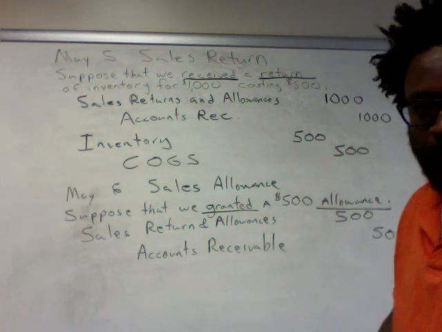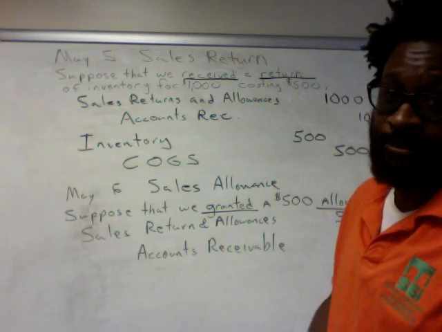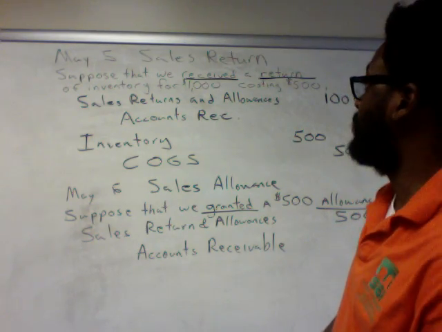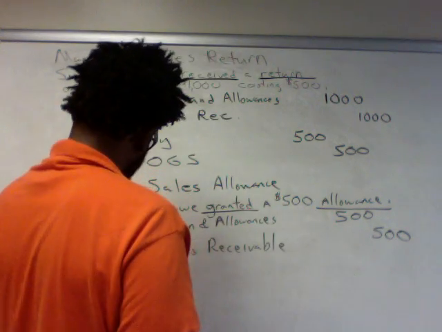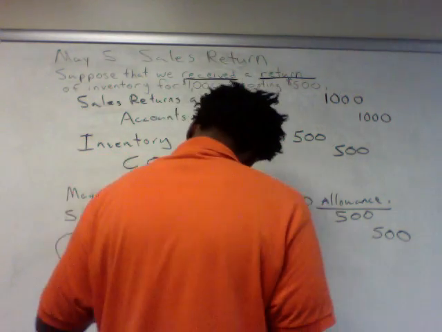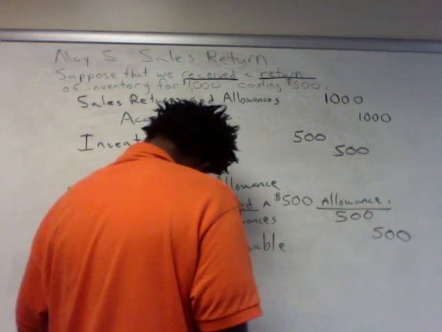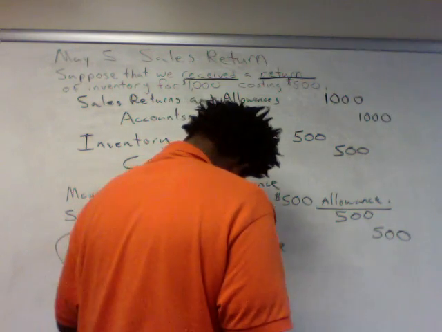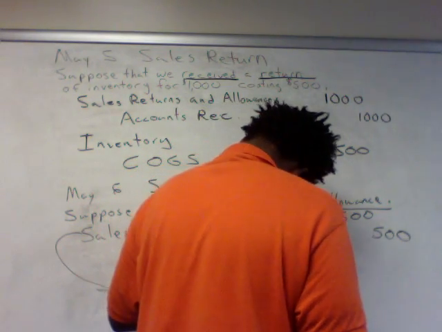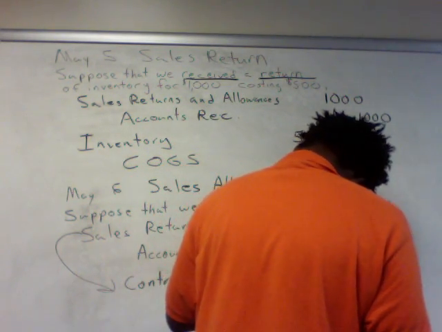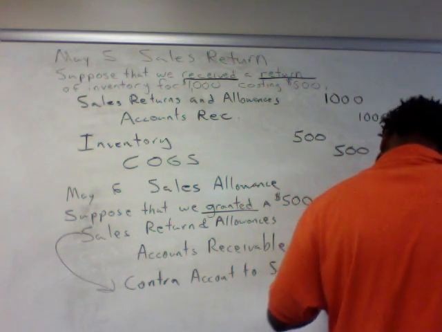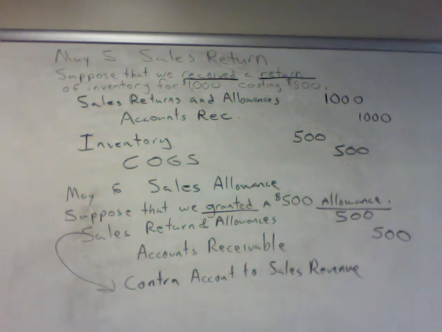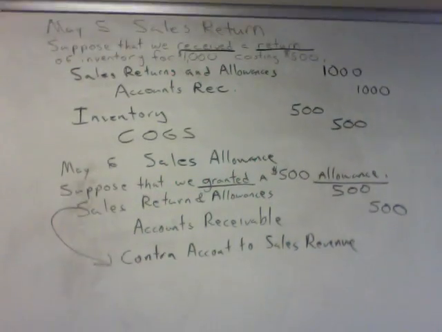Now, do we have to put inventory back on the books? Absolutely not. Okay? And remember that sales return, just like sales discount, affects revenue by decreasing it. It's a contra account to sales revenue.